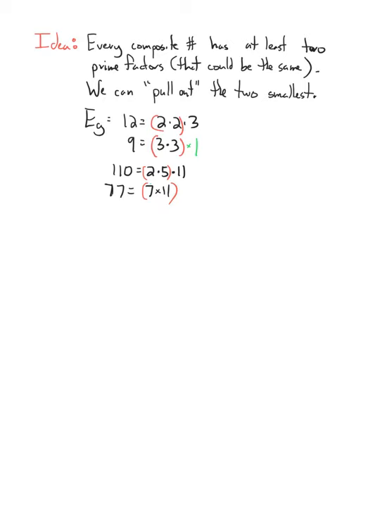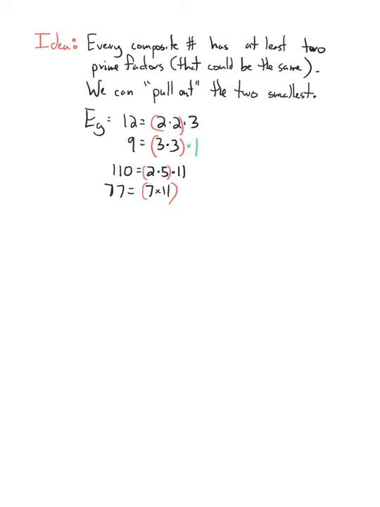In the case of 12, I can write it as 2 times 2 times 3. I am going to think of 12 as these two times the rest, and the rest here is just the 3. 9 is just made up of two prime factors, 3 times 3.